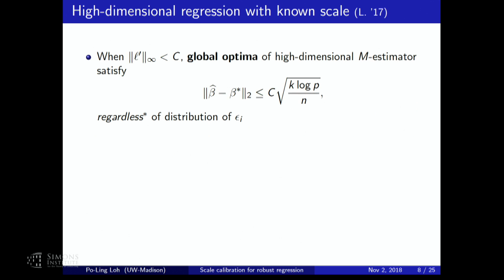So what I am going to talk about, I'm not going to give you the scale calibration part yet, but let me tell you what one can do when you actually know the scale. The short story is that the proposal I have is that we are also going to compute the estimator for a grid of scales.